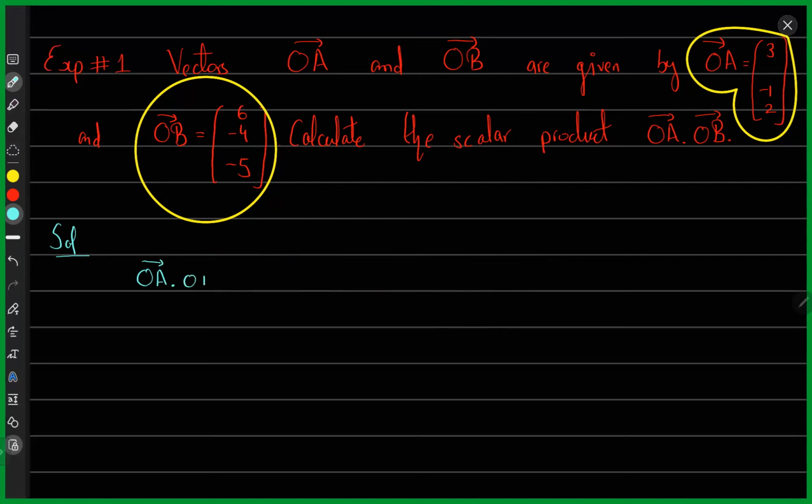OA dot OB is basically equal to the product of the x component with x component, y component with y component, and z component with z component. So 6 multiplied by 3 plus minus 1 multiplied by minus 4 plus 2 multiplied by minus 5.